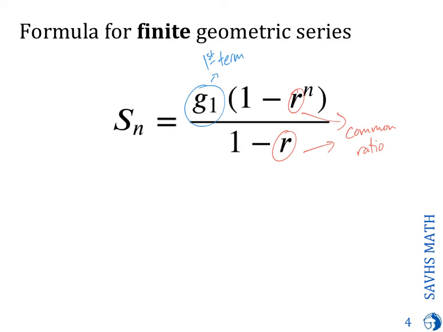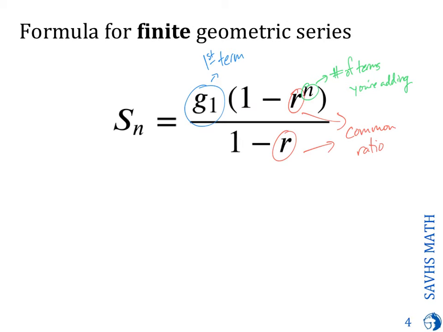And remember that that's the thing that you're multiplying to get from step to step. The N, again, is still the number of terms. Number of terms you're adding. So that part of it is still there.